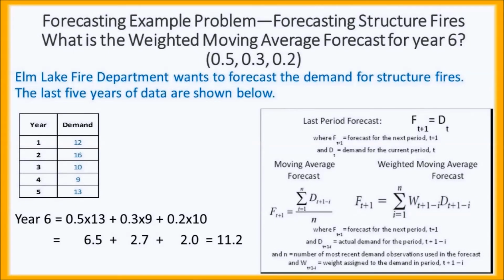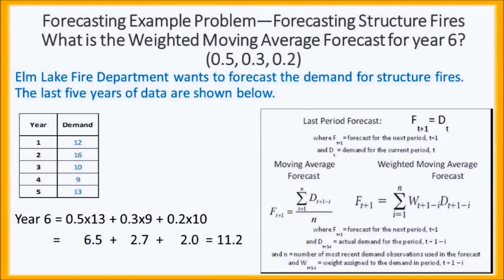So if you'll recall, when we're doing weighted moving average, the first decimal value weight that's listed in parentheses will be applied to our most recent data point. So that's the 13. The second one, that 0.3, will be applied to the next most recent data point, which is year 4. So 0.3 times 9.